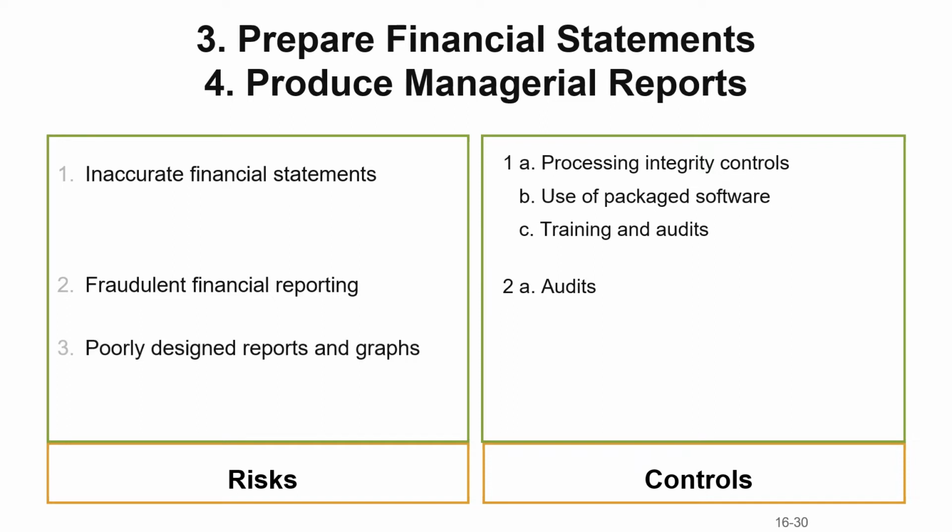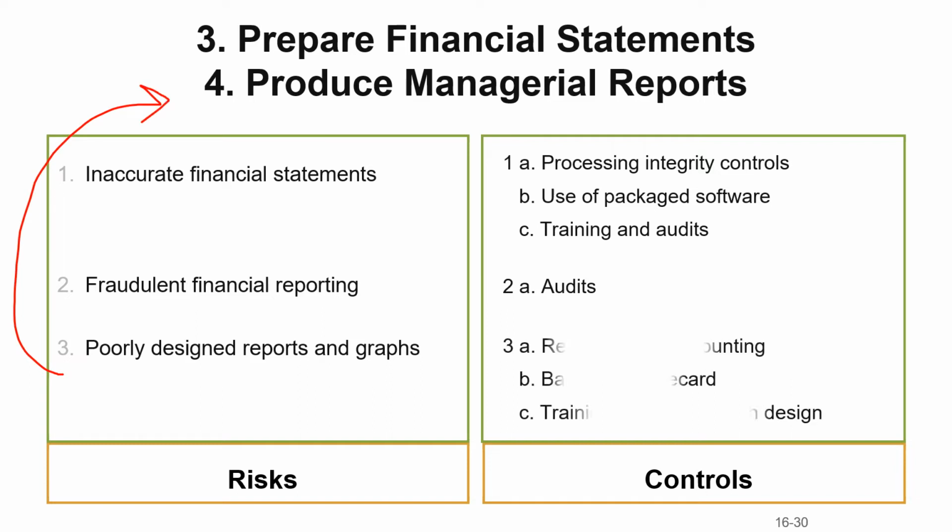The third risk here is poorly designed reports and graphs, and I believe this one is related more to the managerial reports. So how to control it is by adopting responsibility accounting, balanced scorecard, or training, and also training on preparing graph design.